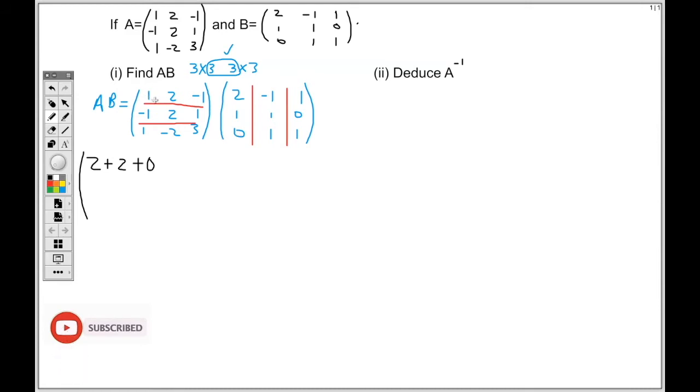Next, I'll be multiplying the first row by the second column. So we have 1 times -1, that gives me -1. Then 2 times 1, that's 2, so I'm going to write plus 2. Now -1 times 1, that's -1, so I'll write -1.